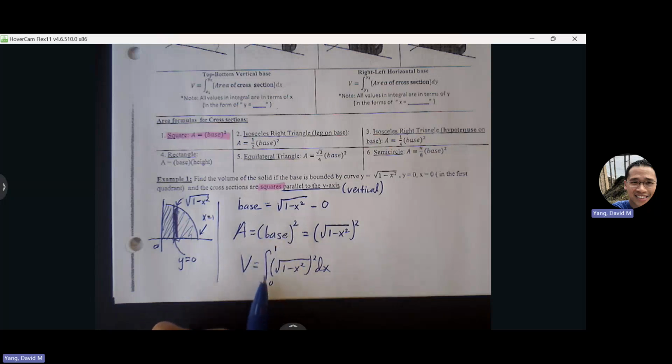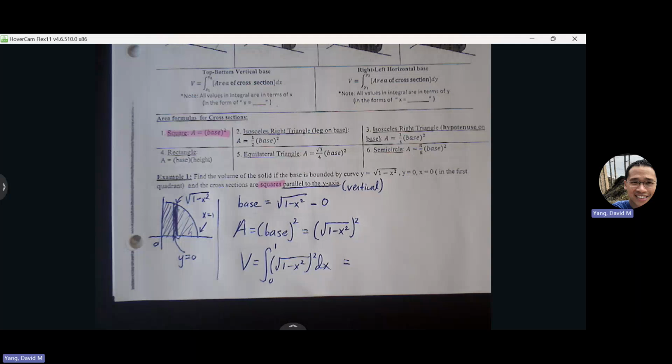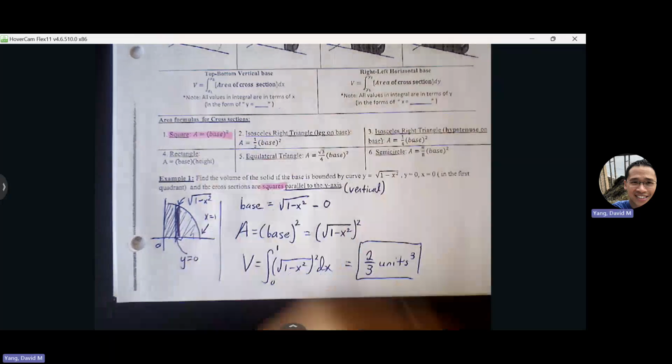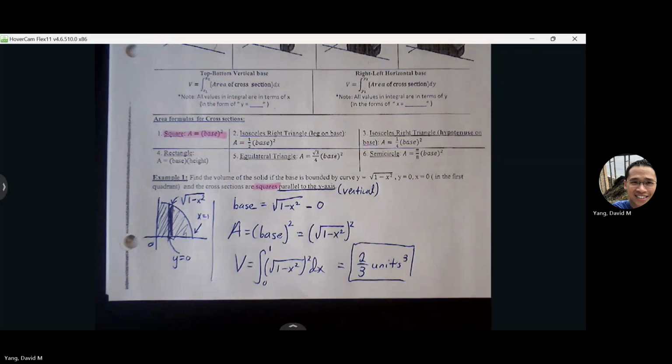So it's just the integral of the square root of 1 minus x squared, which we can drop the square root and square because they cancel out. And then we can just enter that in your calculator. You're going to get 2/3, and it's still a volume calculation, so units cubed.